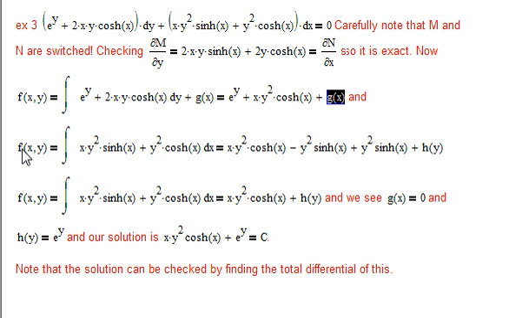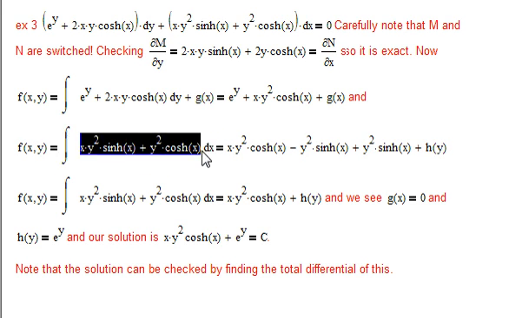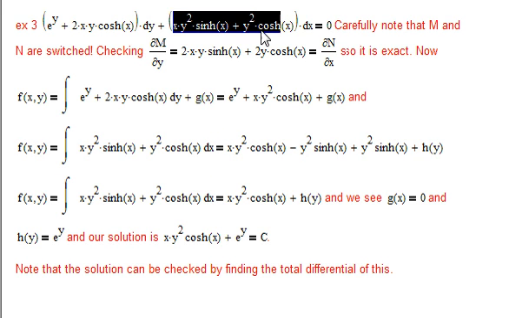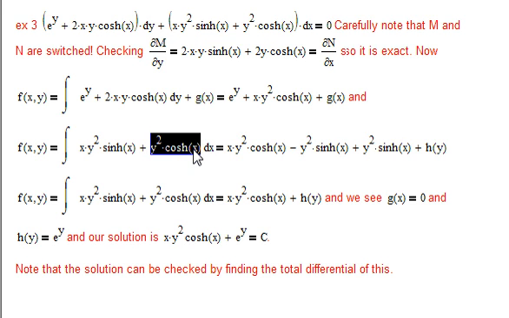All right. Now, what about this, f of x, y equals the integral of xy squared sinh of x plus y squared cosh of x dx? That's this thing, and we want to integrate that with respect to x. This part is no problem, y squared sinh of x, right? That's there. This part is tricky, because in order to do this one, we're going to have to use integration by parts.